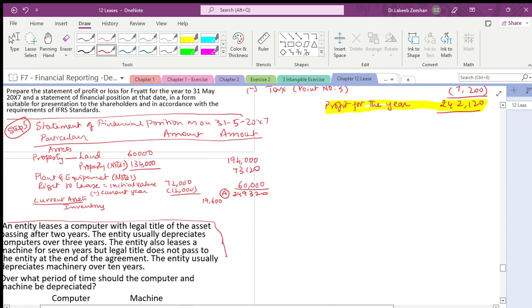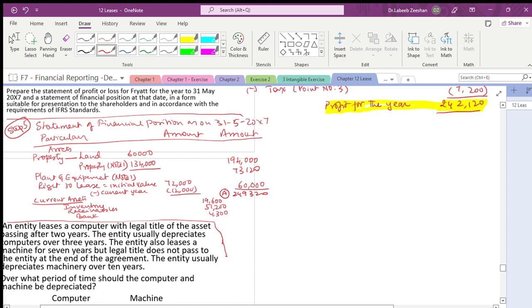Receivables is 51,200. Okay. Bank is 4,300. Is it right?